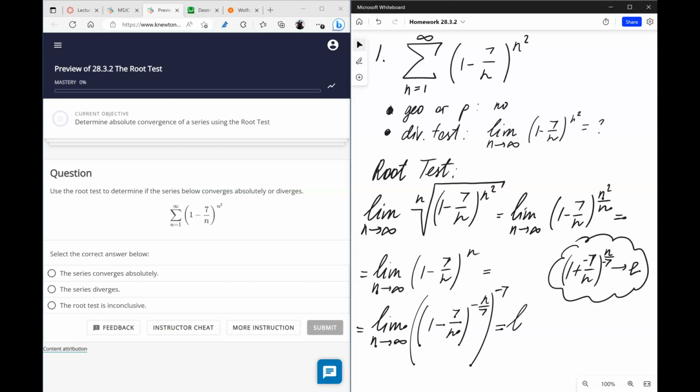And now what's inside of the parentheses converges to e, and therefore the whole thing converges to e to the power negative 7, which is definitely less than 1. So by the root test, this series converges absolutely.